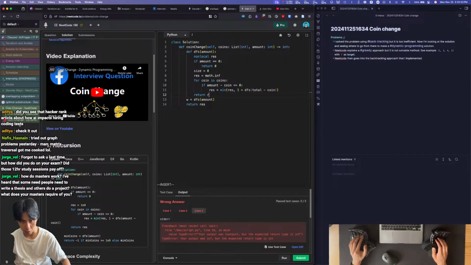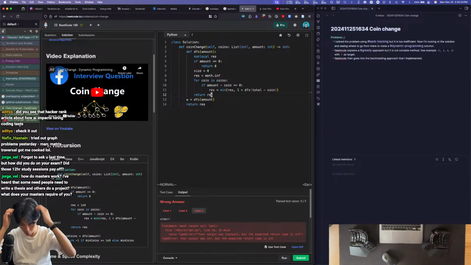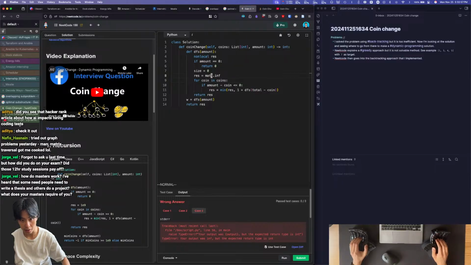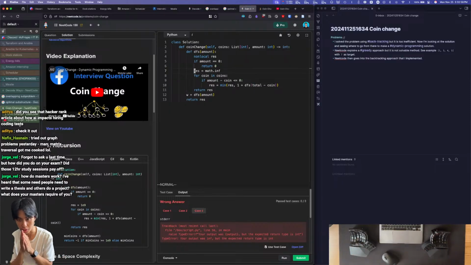And then you return result. No use of size. Because when you do it this way, what happens, right? The result always increments.